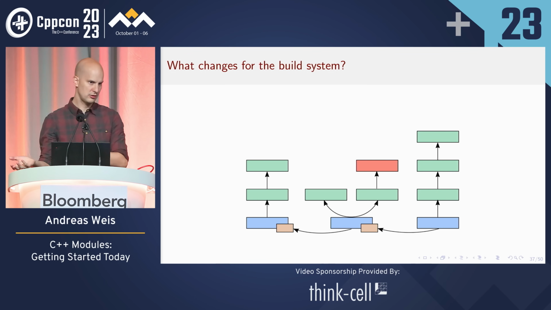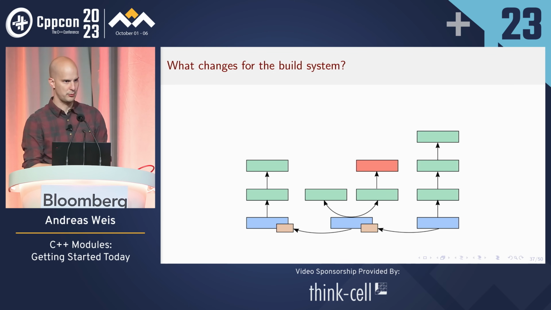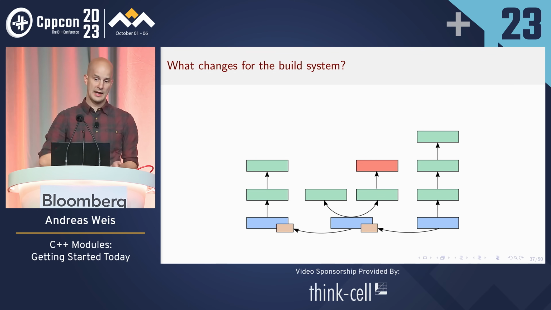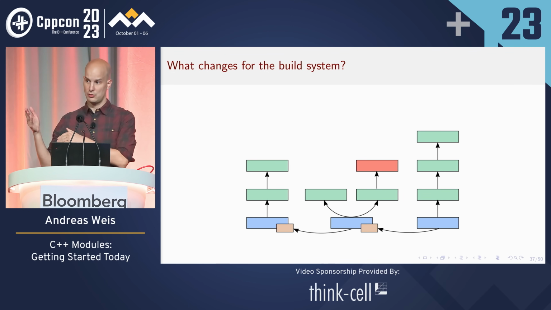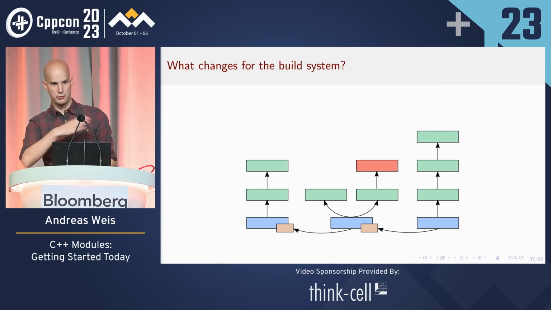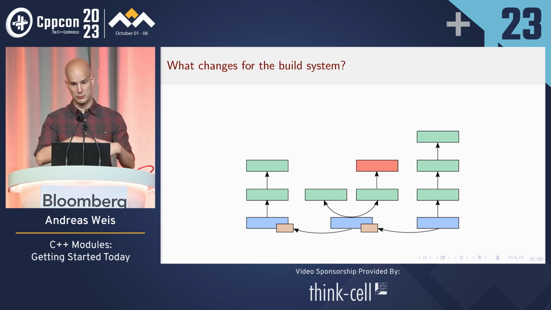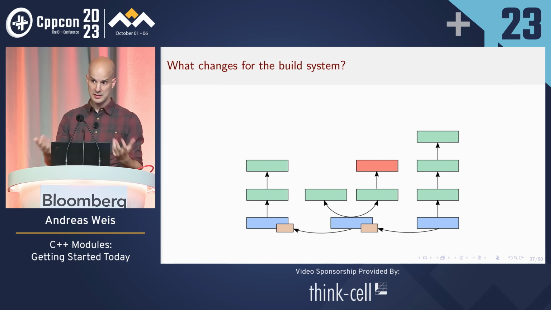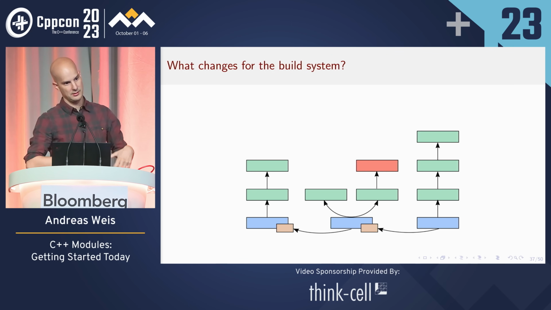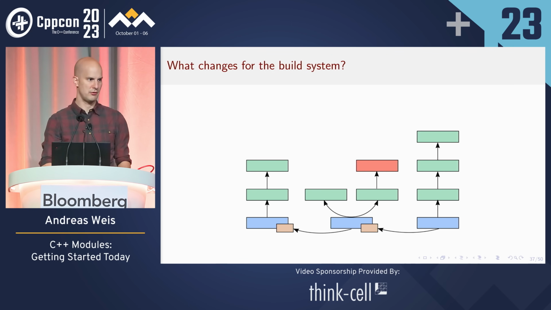This is not a full compilation, but the compiler needs to touch every file once and figure out what the exports and imports are. After that, you know what all of the interdependencies between the blue boxes are, and only then can you start the build proper. And then you can only parallelize up to what the dependencies allow here. So this is the big difference now. If you try out a modules build for the first time and you wonder why every source file turns up twice in the build log, this is what is happening here.